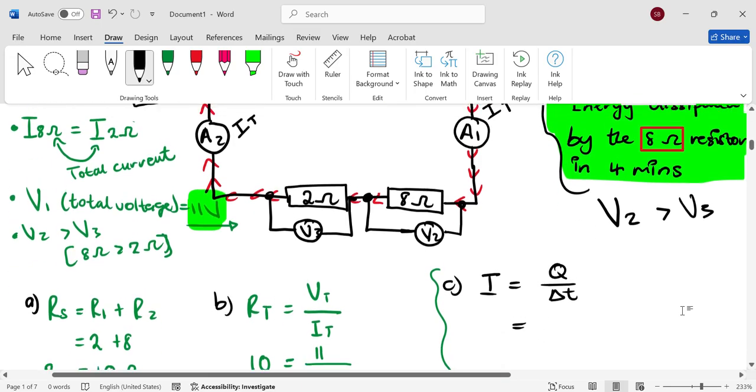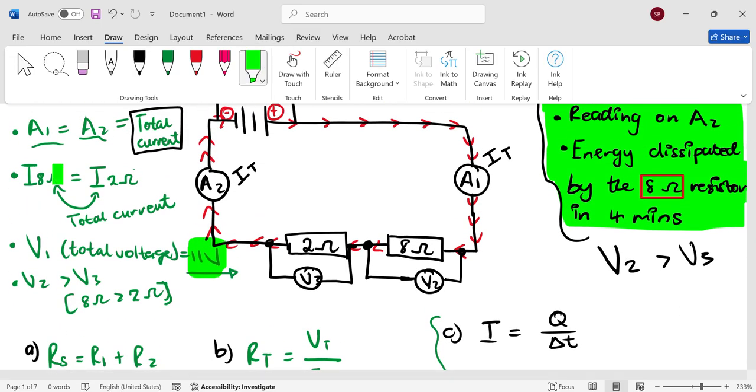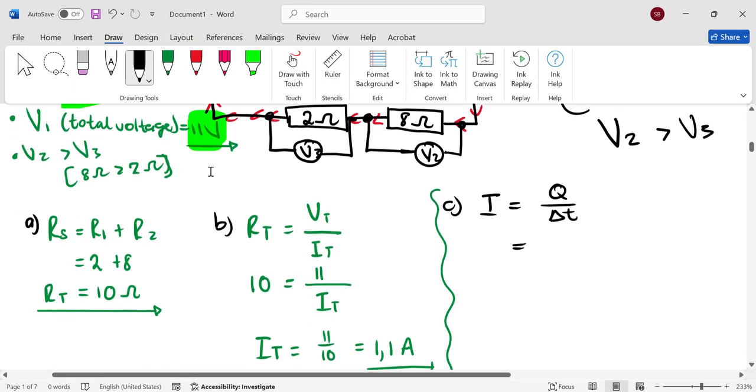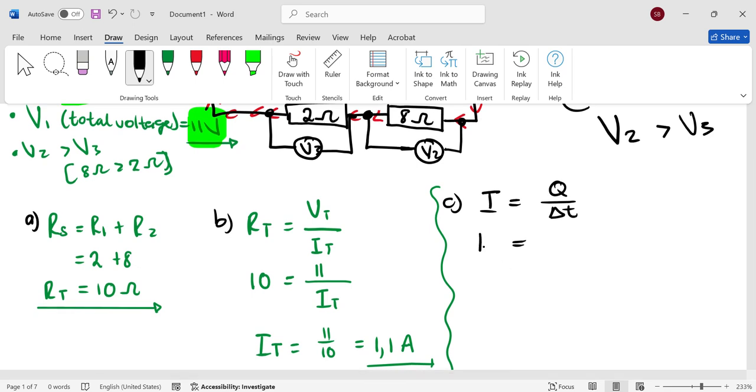Because we analyzed and realized that the current through the 8 ohm is the same as the one through the 2 ohm, and they both read the total current. So the total current was, sorry, that's 1.1, not 1.8.